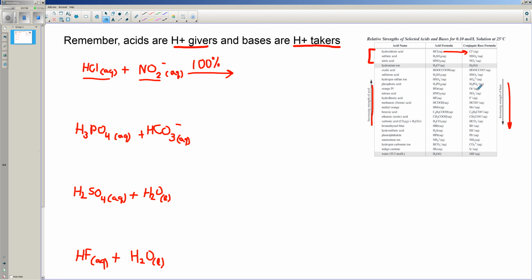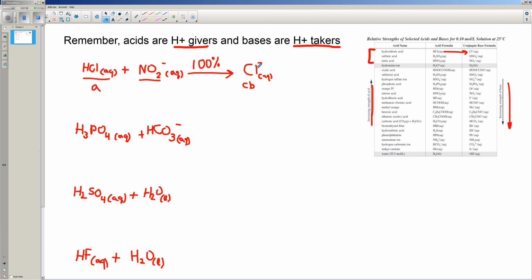What that means is that HCl is our acid and Cl minus aqueous is our conjugate base. In other words, HCl gave away its hydrogen ion, its proton, and when it gave it away, what did it turn into but Cl minus?